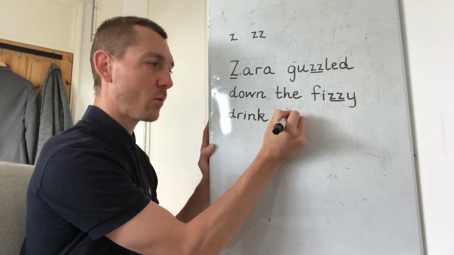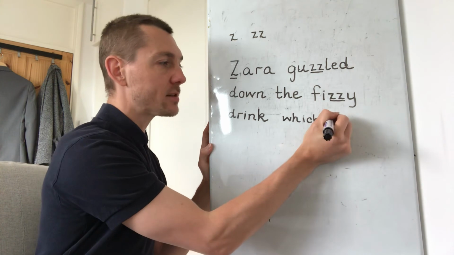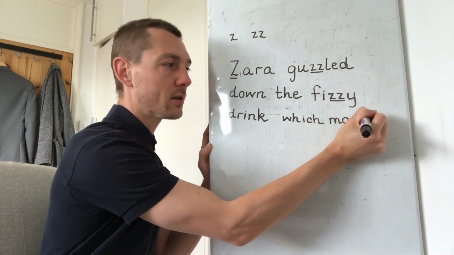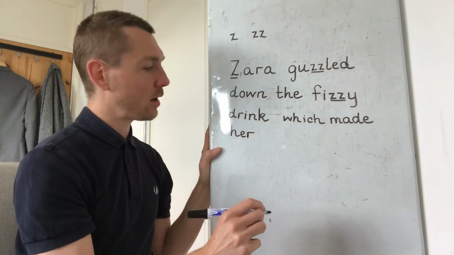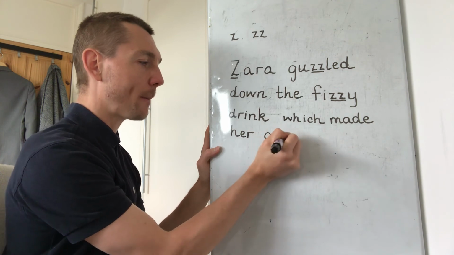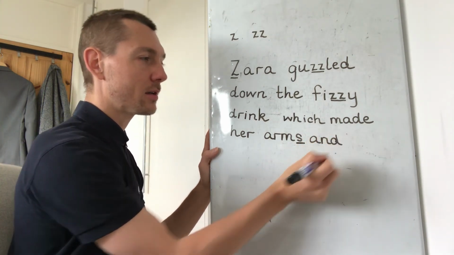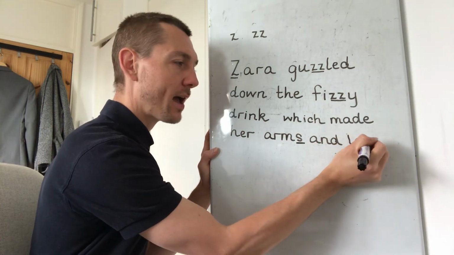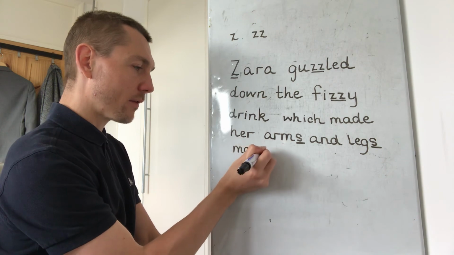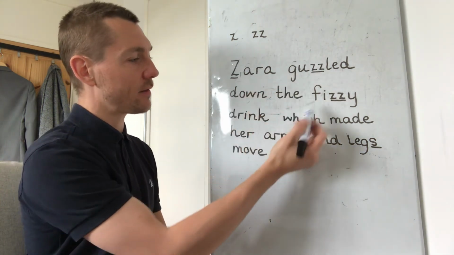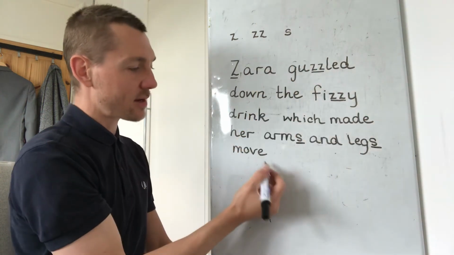Okay, which, w, i, ch, which, made, m, a, d, made, her, arms, z, and legs, l, e, g, z, move, m, u, v. Okay, Zara guzzled down the fizzy drink, which made her arms, with the S spelling of z, and legs, again with the S, move.